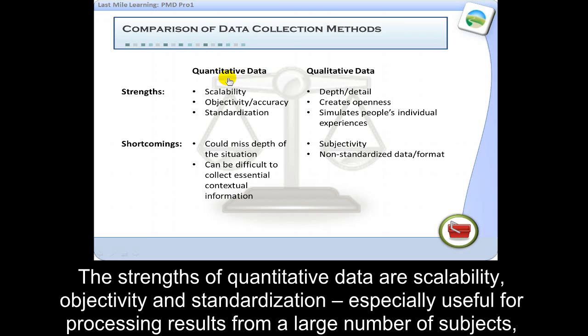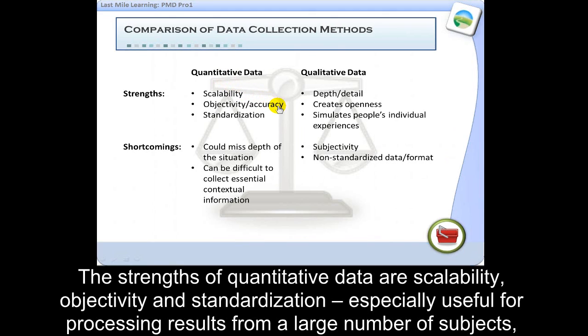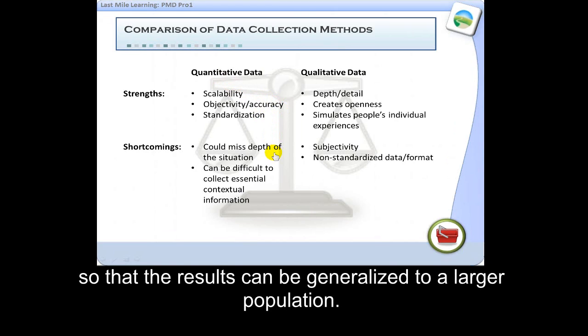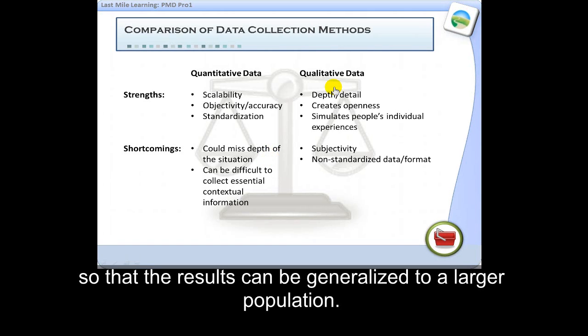Now, the strengths of quantitative data are scalability, objectivity, and standardization, especially useful for processing results from a large number of subjects so that the results can be generalized to a larger population.